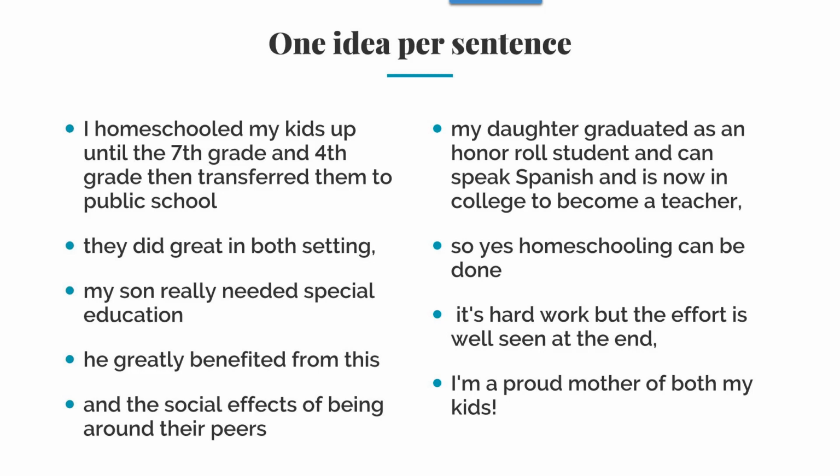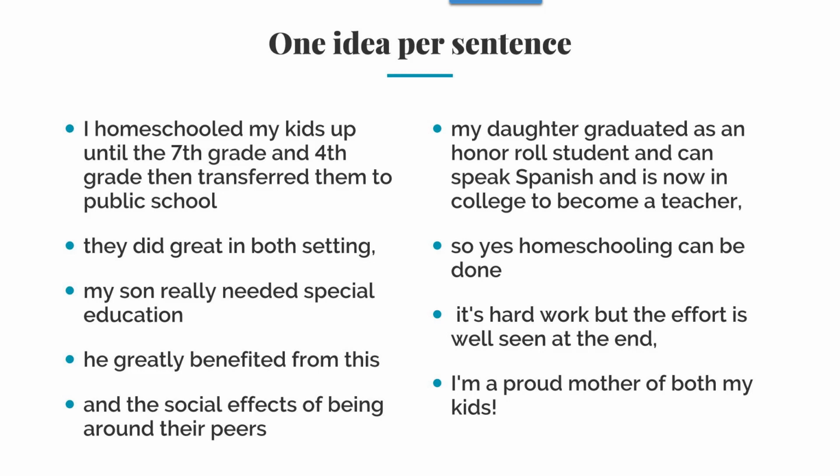So as I looked at this sentence, basically it seemed to me like the second bullet point on the left, that the children did great in both settings, was important. That special education functioned better in the public school, that the children loved being around their peers.